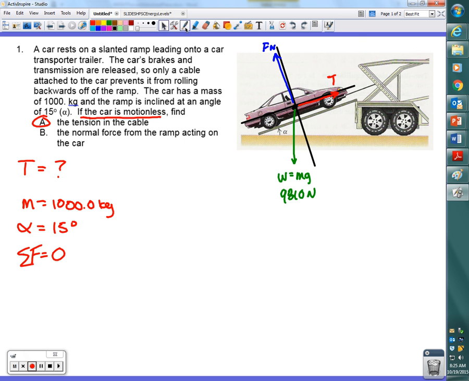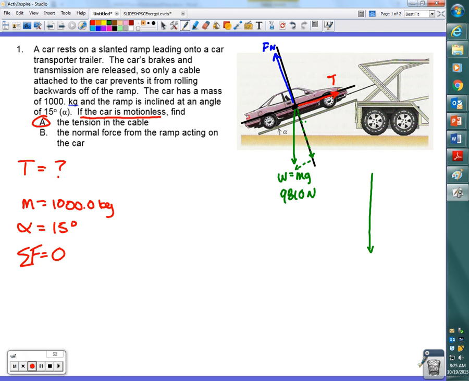So, gravity has two components now. It has a component that runs this way, even though my pen is deciding it may or may not draw it. And it has a component that runs this way. Does that make sense? Let me pull it out of the drawing here real quick.